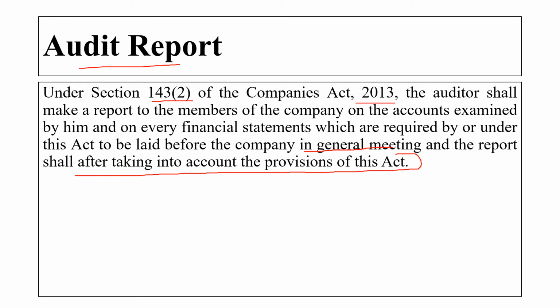The auditor who is doing an audit has to make a report on whatever he has examined, and that report has to be submitted by the auditor to the company before the general meeting.